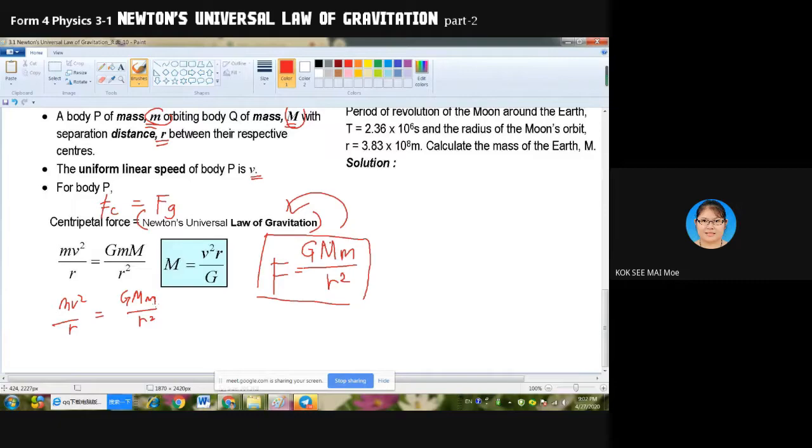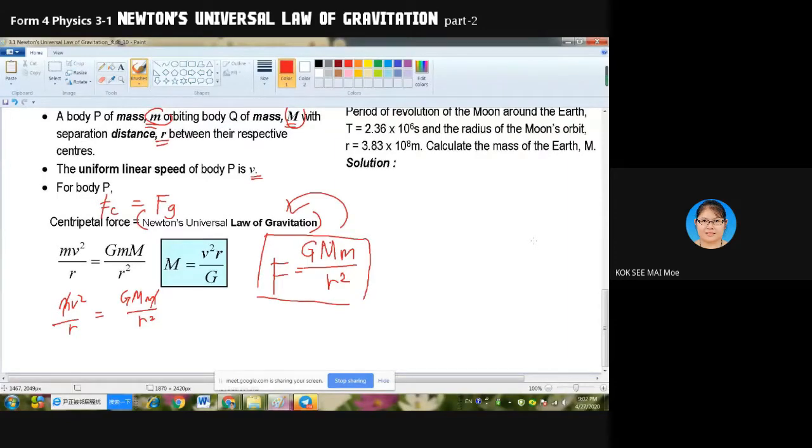So from here, we need to take out the capital M, because you want to find the mass. Which one can we cut? The small m we can cut, because small m stands for the orbiting object, the small thing orbiting the Earth or the Sun. So the m is actually the same thing, so we cut.